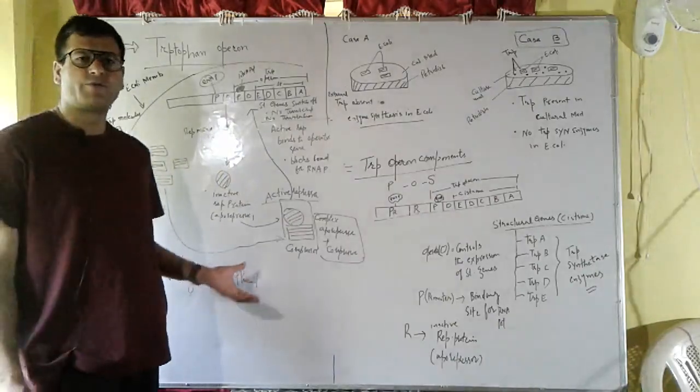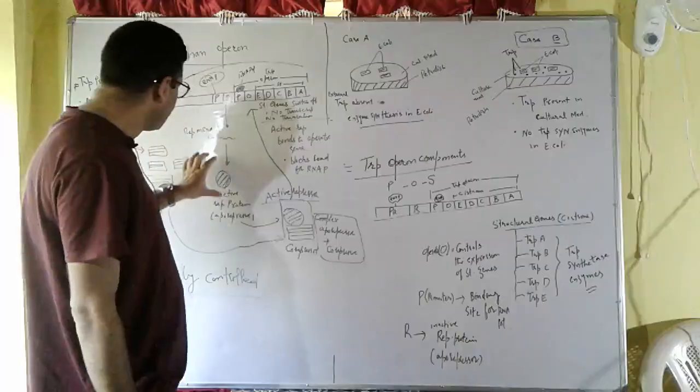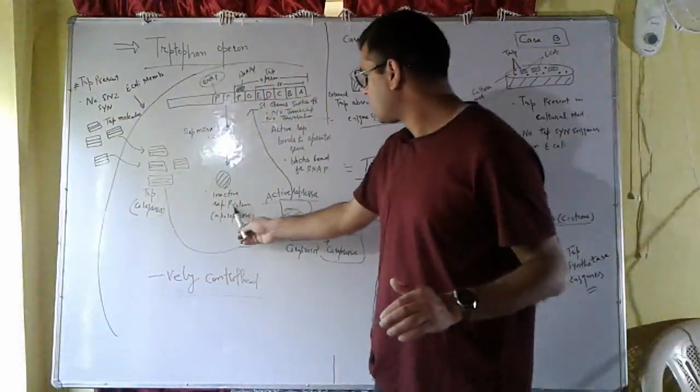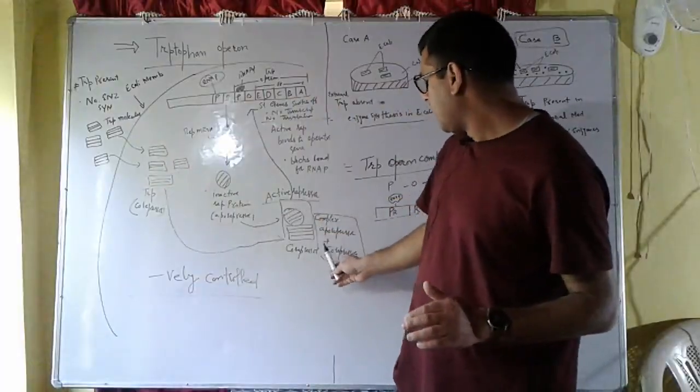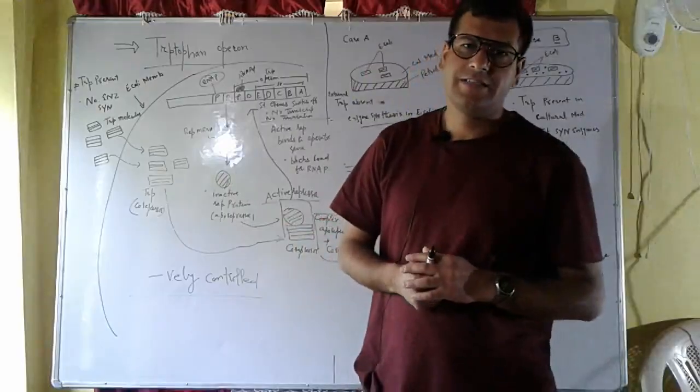Why is the tryptophan operon a negatively controlled operon? Because this inactive repressor protein combines with the co-repressor and ultimately inhibits the transcription of the structural genes.